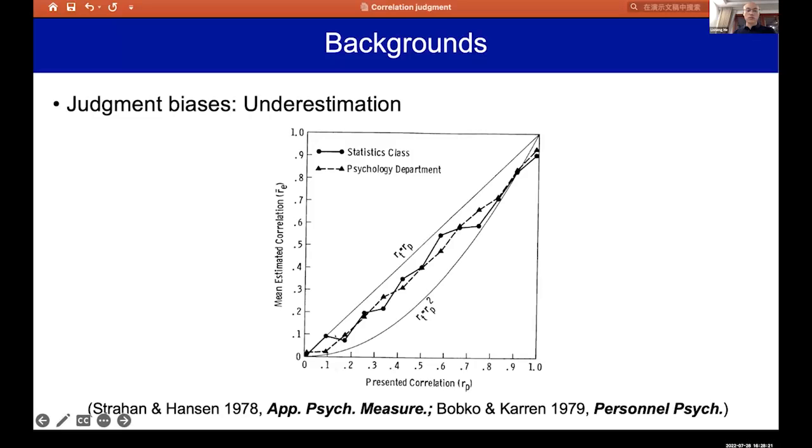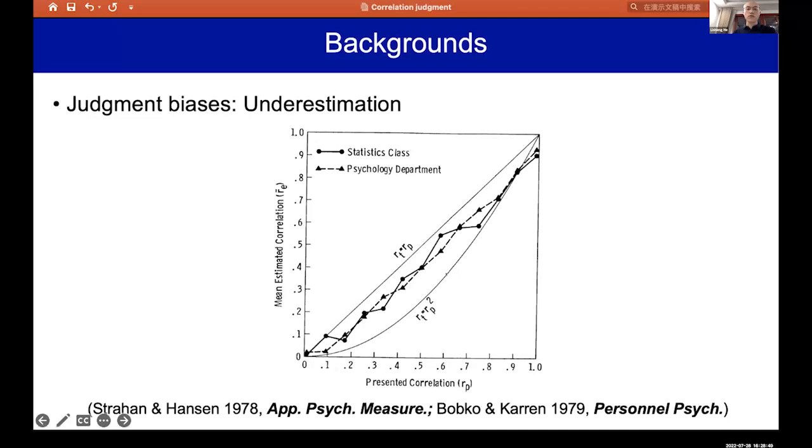On the x-axis, you can see a number of different presented correlations, and on the y-axis, the estimated correlations by human participants. As you can see, most of these data points are below the diagonal. So people constantly underestimate the correlations, and education in statistics doesn't matter, because undergraduates in stats classes and psychology classes almost don't differ here.